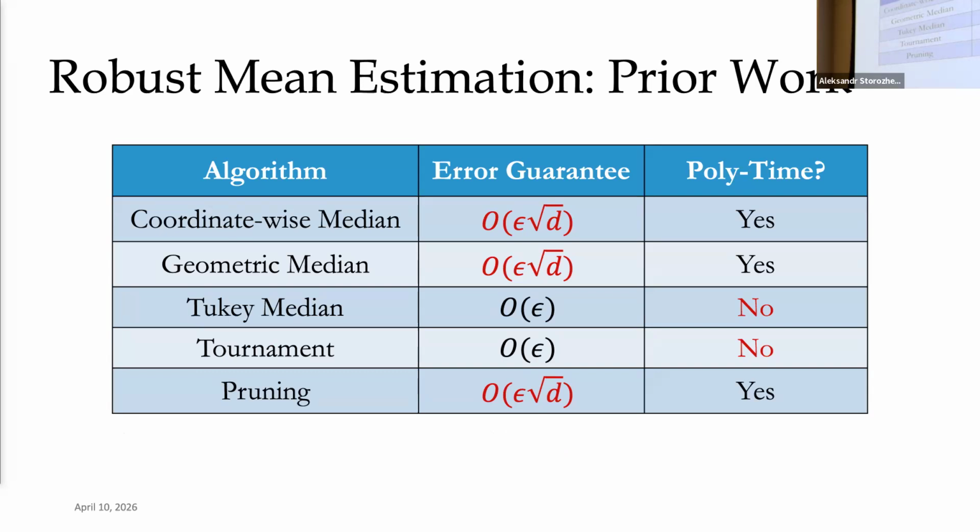But before maybe 10, 12 years ago, all the solutions that we knew for robustly estimating the mean of a Gaussian either had a dimension-dependent factor in the error guarantee, or didn't run in polynomial time. This was less of a problem for statisticians, but as computer scientists, we love polynomial time algorithms, so we want to get the best of both worlds.